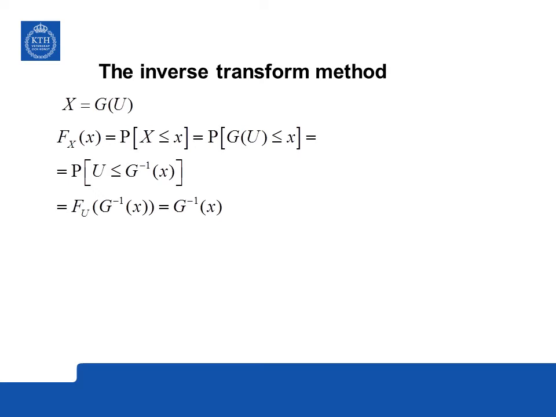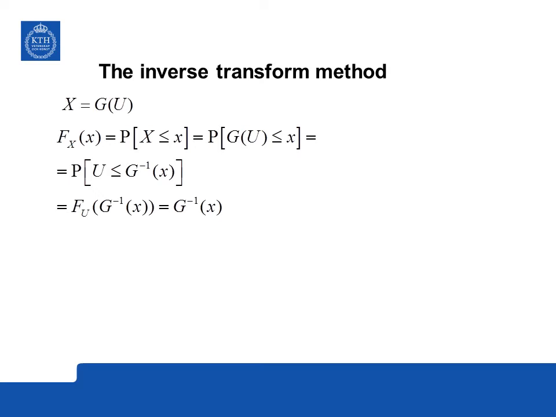And if we suppose that g is a monotonously increasing function, which means that its inverse exists, we can solve for U, and we get the relationship like this. And we recognize that this is the definition of the distribution function of U in the point g^-1 of x.